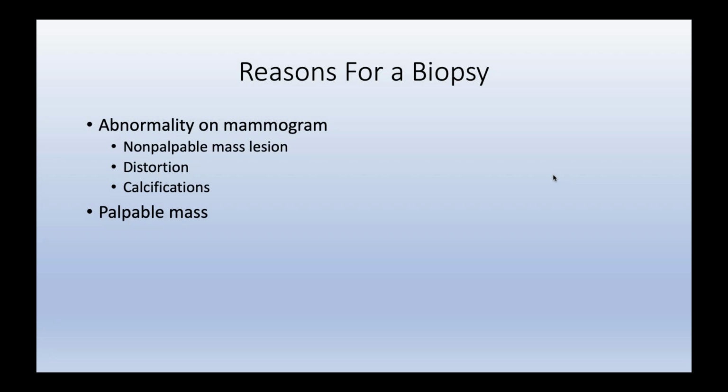So for breast pathology or any abnormality in the breast, the first thing that happens is typically a mammogram. Then an abnormality is found on that mammogram, and there are some key buzzwords on a report flagging that there is potentially something here that needs to be worked up further, either with additional imaging studies or a tissue biopsy.